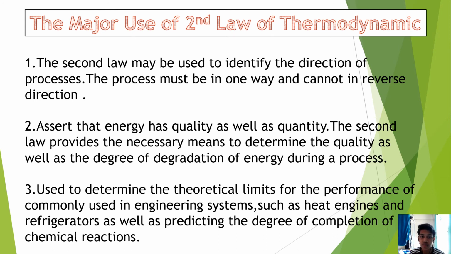The second law provides the necessary means to determine the quality as well as the degree of degradation of energy during a process. The third one, which is the last one, is that this law is also used to determine the theoretical limit for the performance of commonly used energy systems such as heat engines and refrigerators, as well as predicting the degree of completion of chemical reactions.